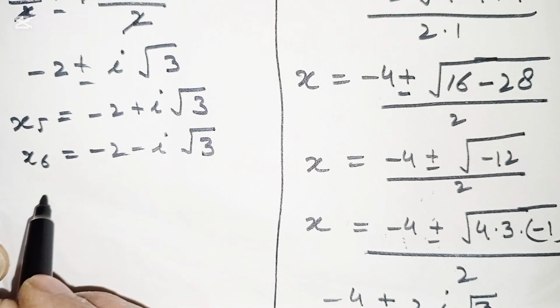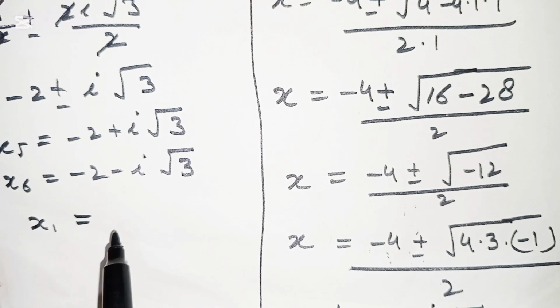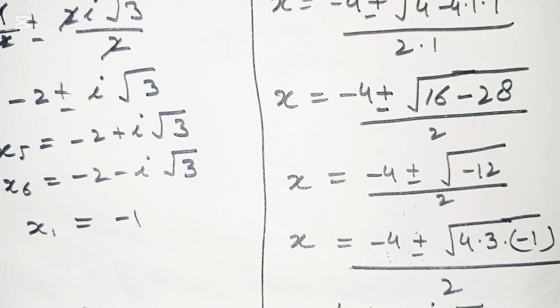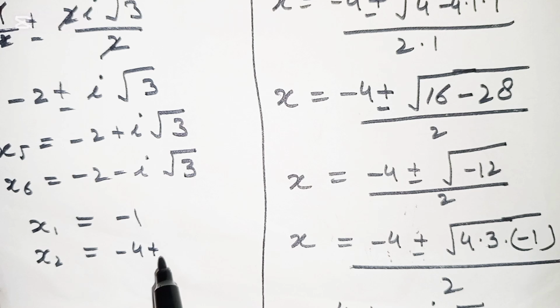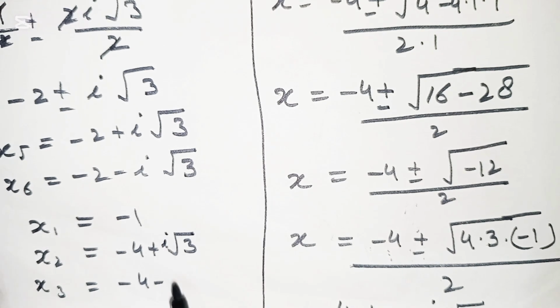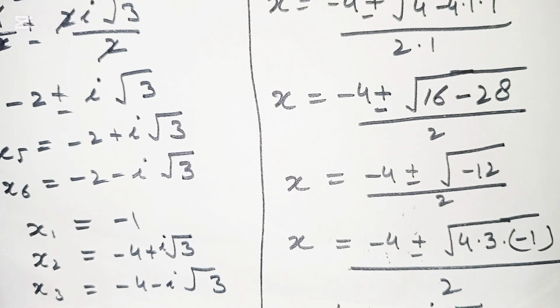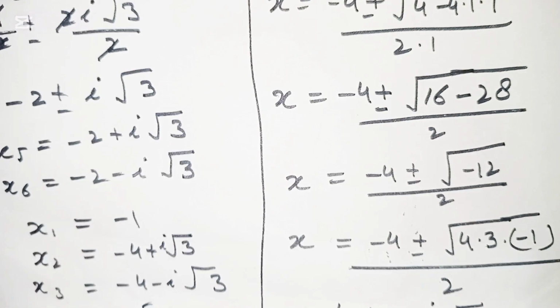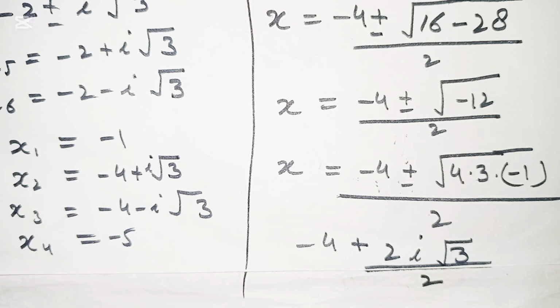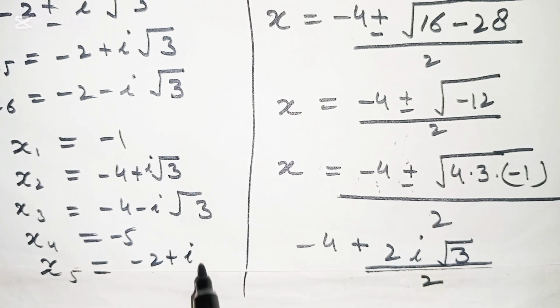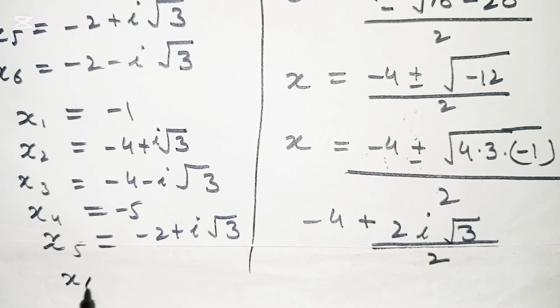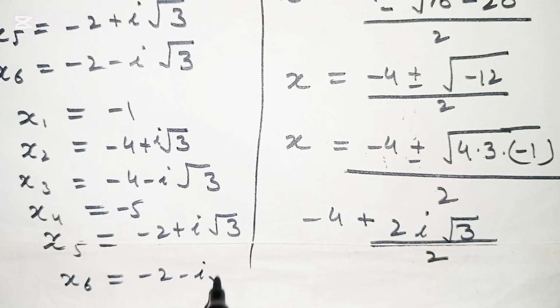The first value of x is equal to minus 1, and the second value of x is equal to minus 4 plus i square root 3, and the third value of x is equal to minus 4 minus i square root 3, and the fourth value of x is equal to minus 5, and the fifth value of x is equal to minus 2 plus i square root 3, and the sixth value of x is equal to minus 2 minus i square root 3.